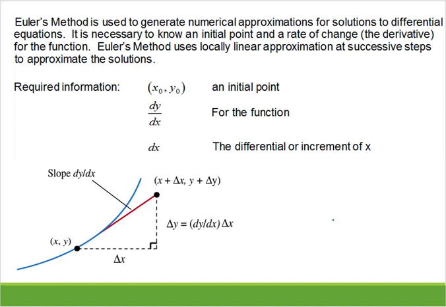Okay, Euler's method. For us BCers, this is a new concept. So what Euler's method is, we use numerical approximations of our solutions to our differential equation to approximate the value of the curve. So what's happening here is we have a tangent line. I have an initial point, and I'm trying to approximate a value on the curve, but I can't solve the differential equation.